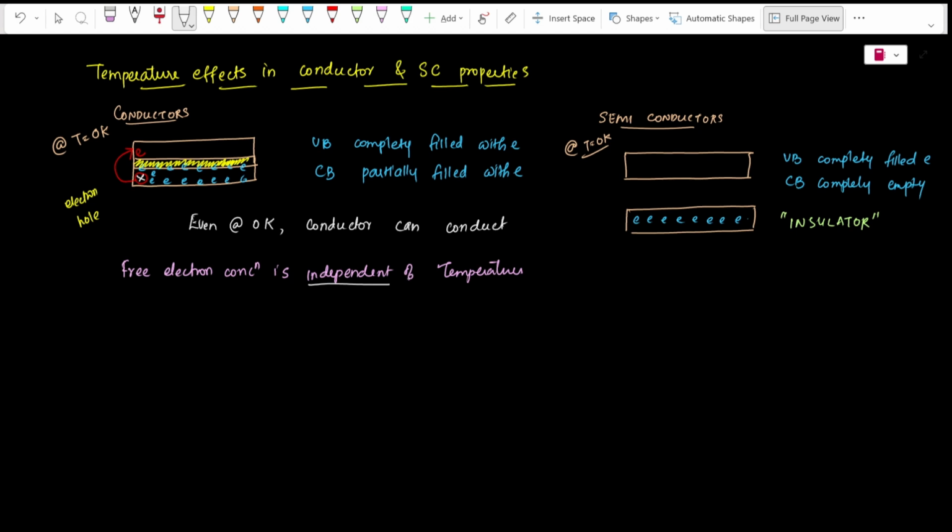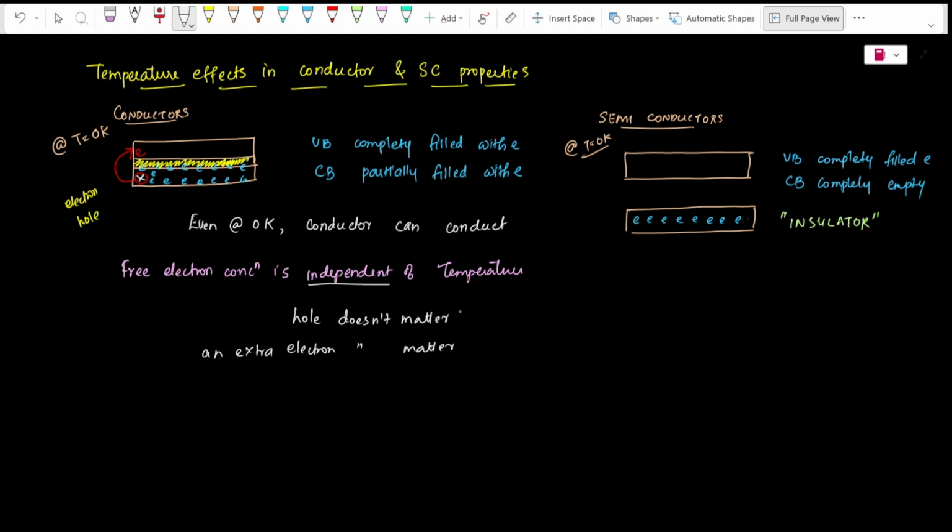So if that is the scenario, a hole doesn't matter, or an extra electron doesn't matter.